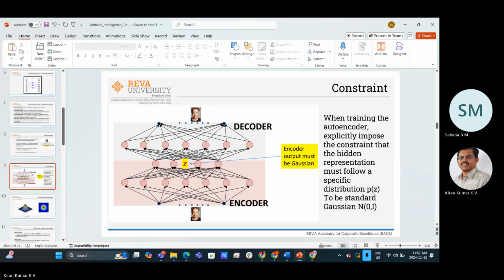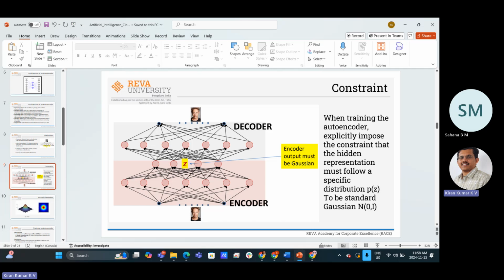Mean will be 0 for a normally distributed curve and the standard deviation will be 1. Okay, mean equal to 0 and standard deviation equal to 1 in a normally distributed Gaussian curve. That's the difference between a Gaussian curve and a normally distributed curve.